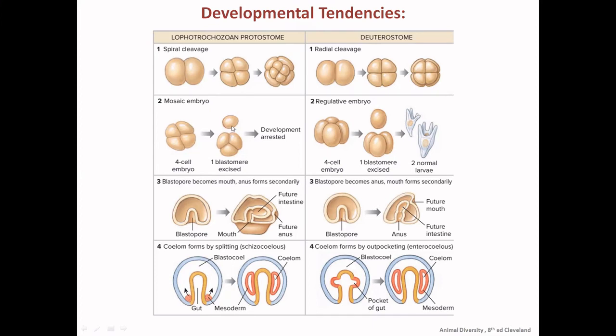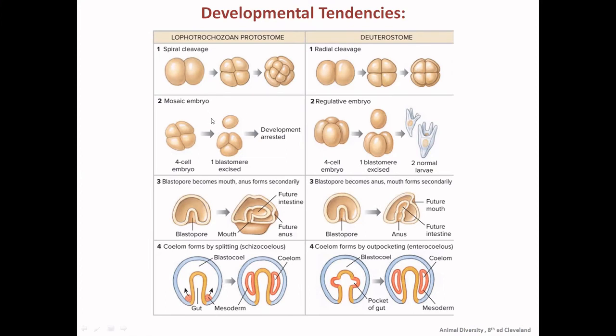But if you remove some of the cells, then for some initial time, those cells will develop like normal, but they cannot develop into a complete organism, because in the zygote itself or in the early stage of the embryo, it is already predetermined which cells and which part of the embryo will develop into which type of tissues.